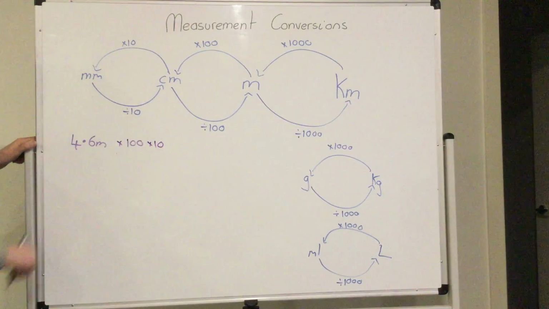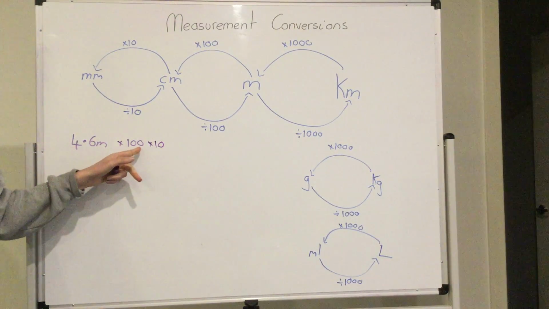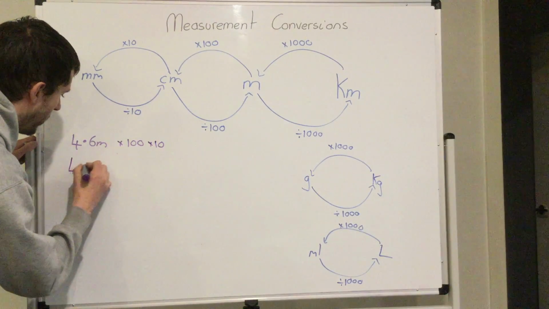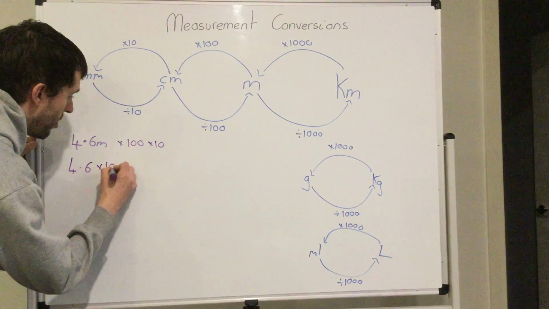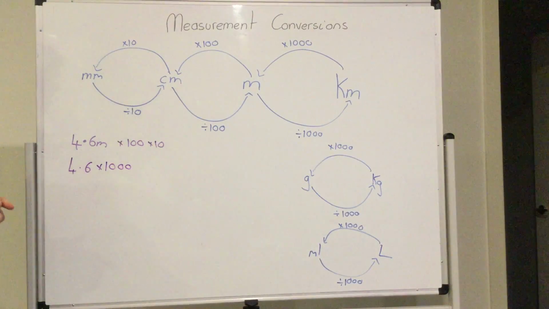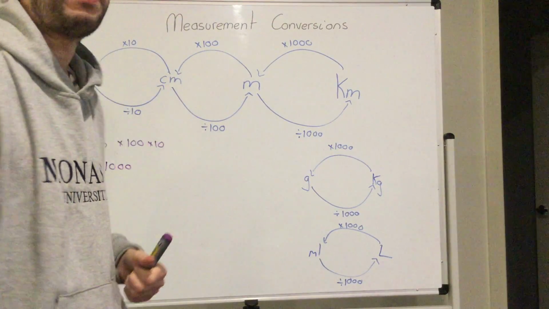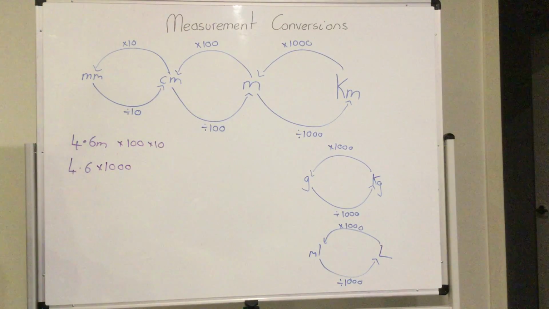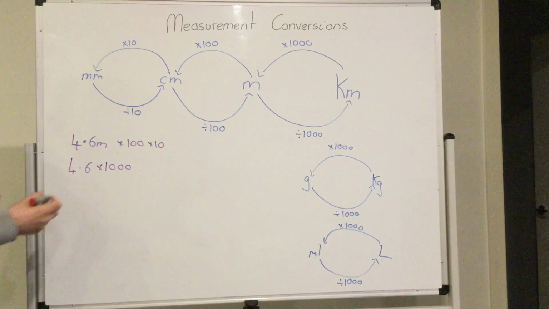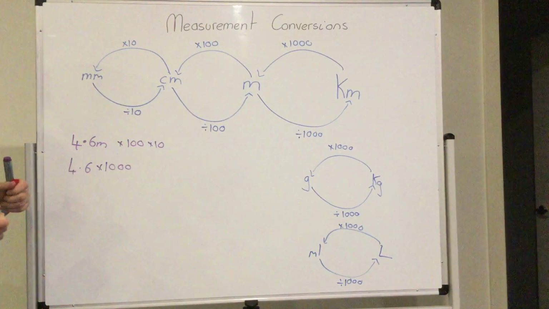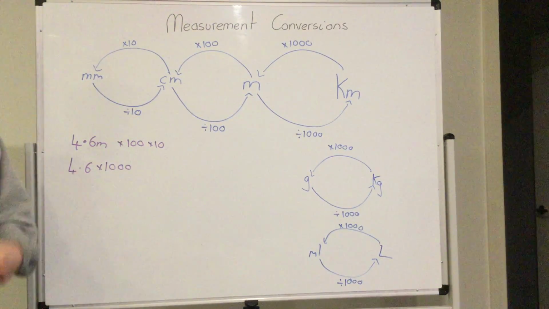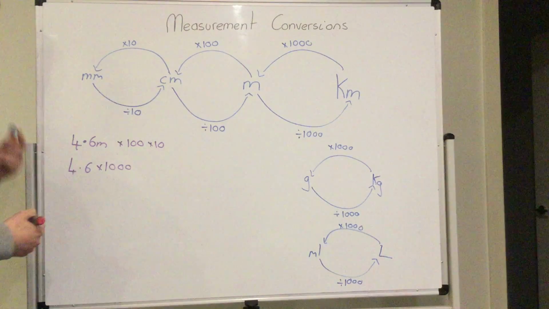So we can simplify that. 100 times 10 is 1,000. So I'm timesing 4.6 by 1,000. So it's going to be 1,000 times bigger. Now, if we're thinking about 1,000 times bigger, just think about how we move a decimal place to the right for it to get bigger. Each time we move a decimal place, it's getting 10 times bigger.